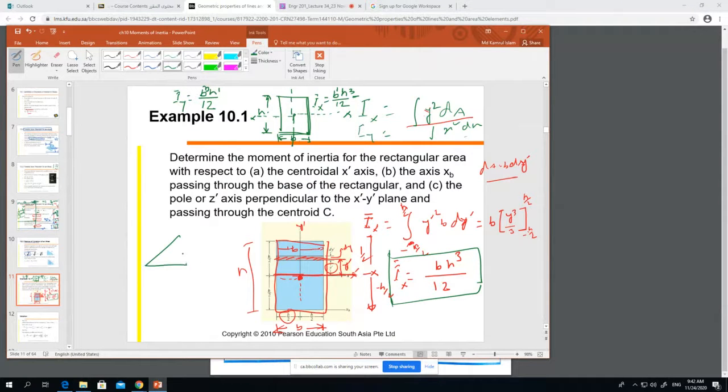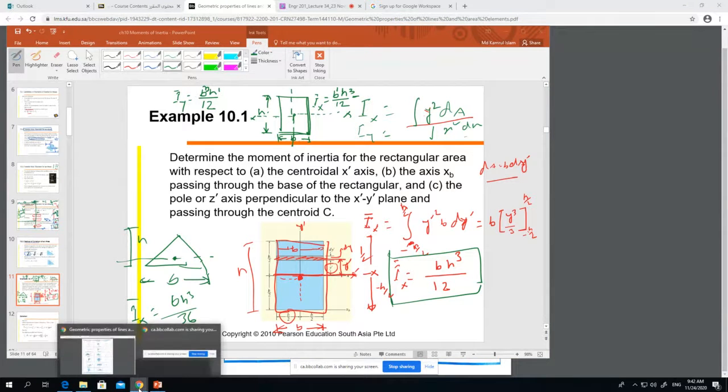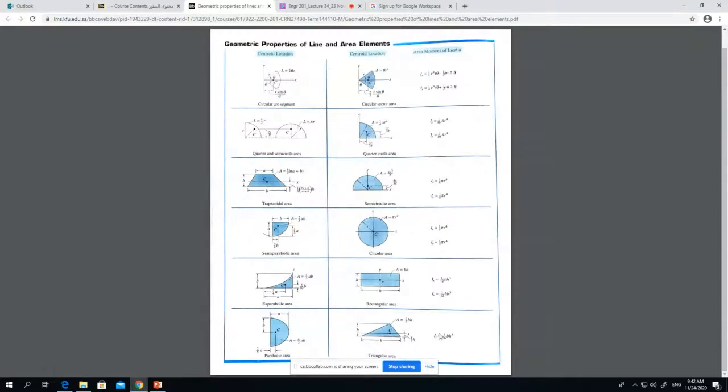Similarly we can find it for a triangle, and the result will be, if it is b and h, the center will be here, and Ix equals bh cube by 36. This is written there, you see, bh cube by 36.